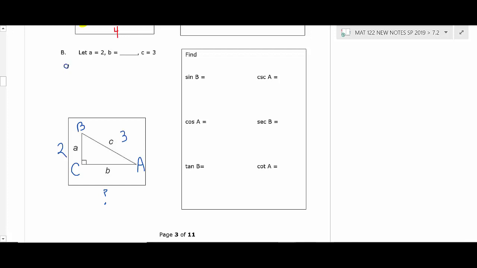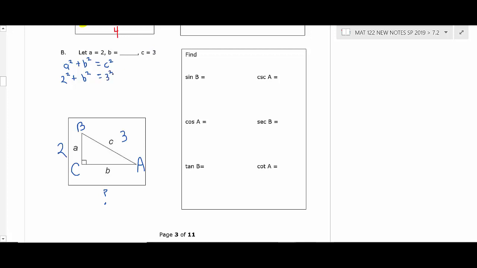So let's start by writing down the Pythagorean Theorem. Okay, a squared plus b squared equals c squared. So if I give you 2 of the 3 sides, you can always find the third with the Pythagorean Theorem. So we'll plug 2 in for a, and that would be 2 squared. Just leave the b squared alone. And then c, plug that in, so you'd have 3 squared.